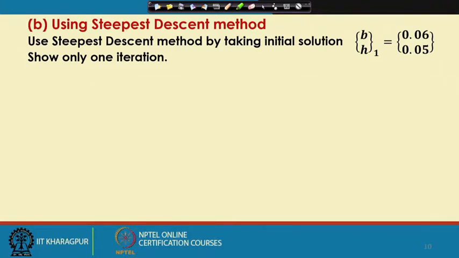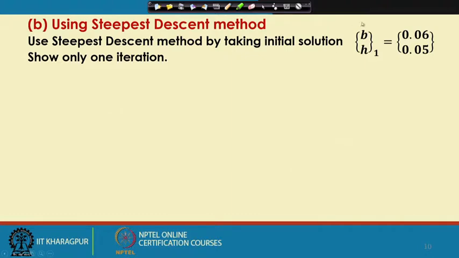Here we start with one initial solution selected at random, that is BH1, which is nothing but 0.06, 0.05.